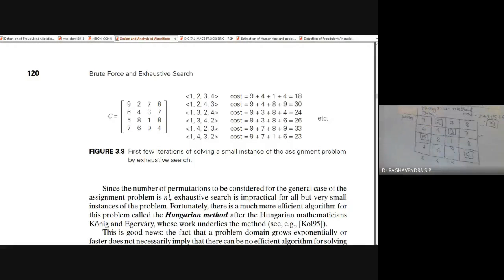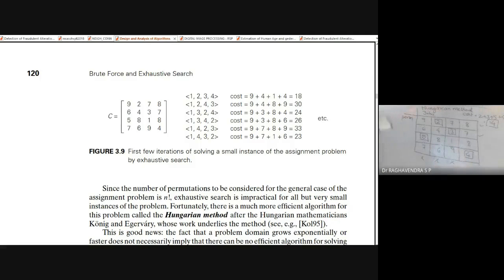Now this 14 is also less when compared to 18, isn't it? Yes, sir. So this is the best method, the Hungarian method. But in the exhaustive search method, we cannot use the Hungarian method. We have to go for different combinations, because the exhaustive search mechanism itself tells that it is a combinatorial type of problem.